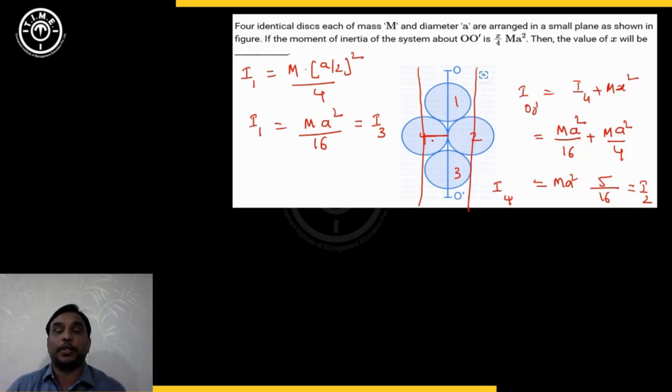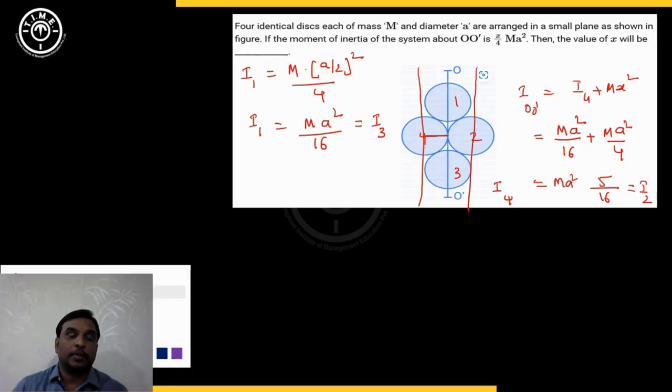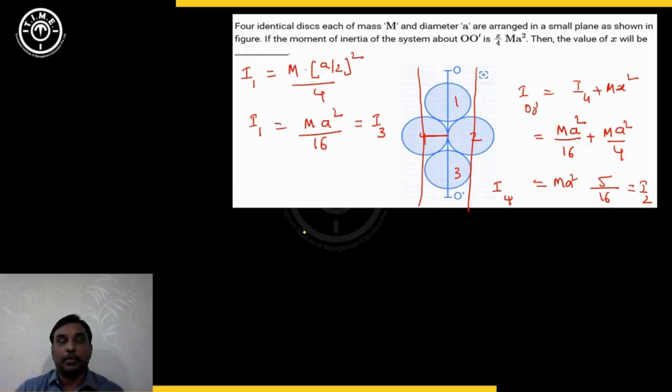Now the summation is the answer. The total moment of inertia is that of the first, second, third and fourth.